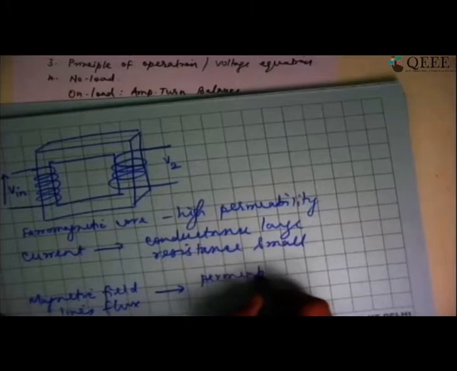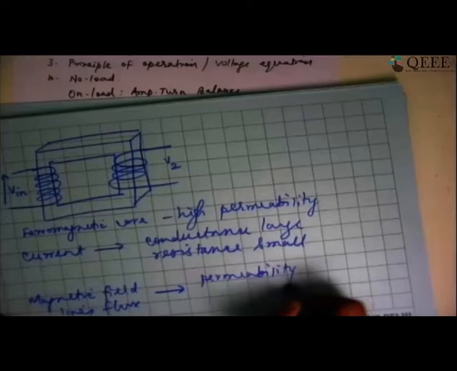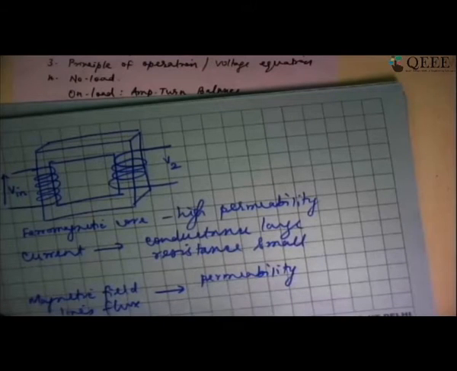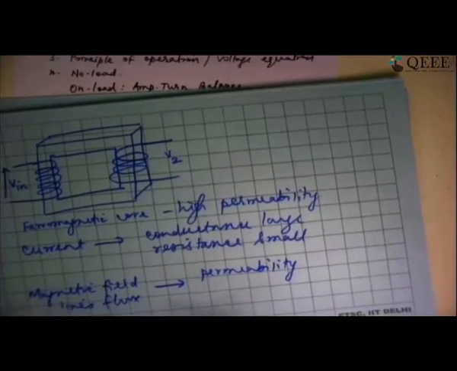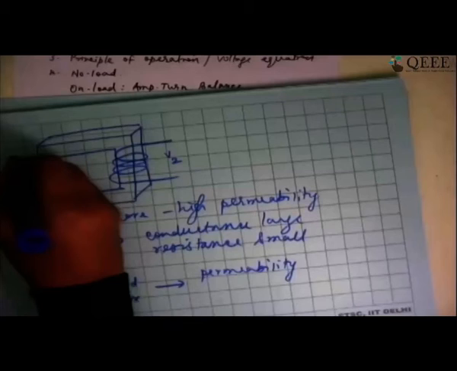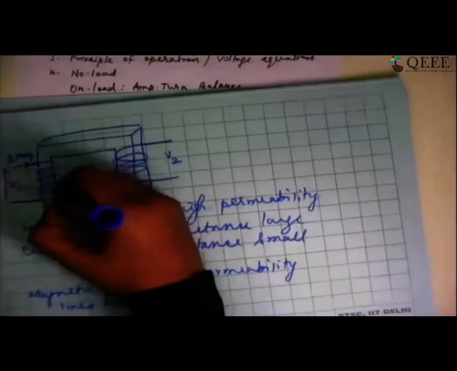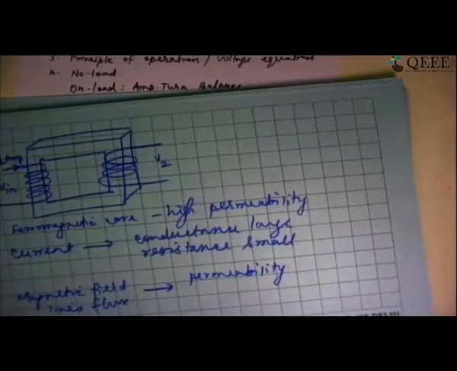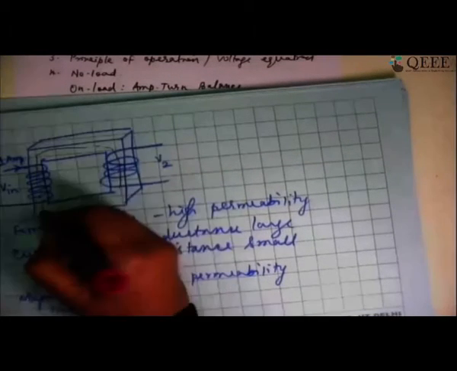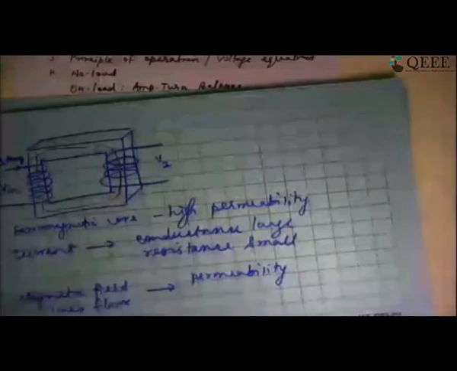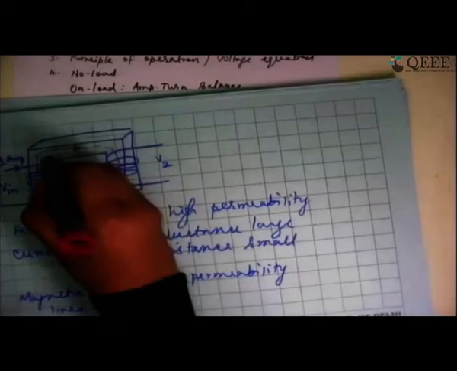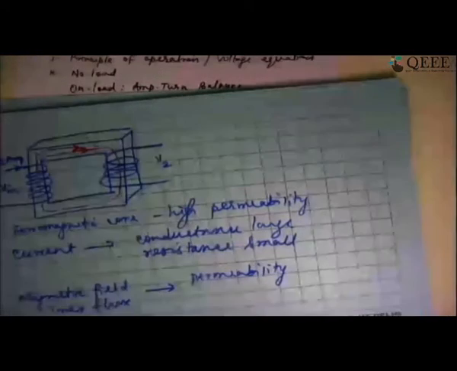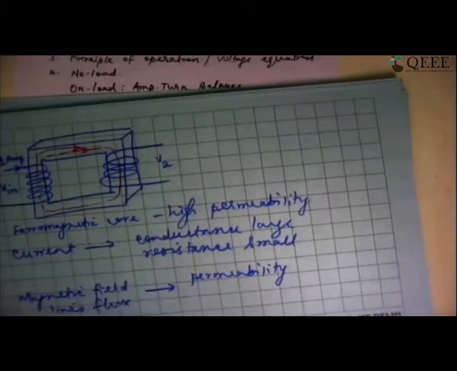If the permeability of a material is high, I am going to have high flux induced for a given value of current that is being passed through a coil. So let us say I pass a current of 1 ampere. If it is a ferromagnetic core, the flux produced is going to be of a very, very large value. What I have shown in red color line, this is essentially flux line. The flux line will be of a large value.